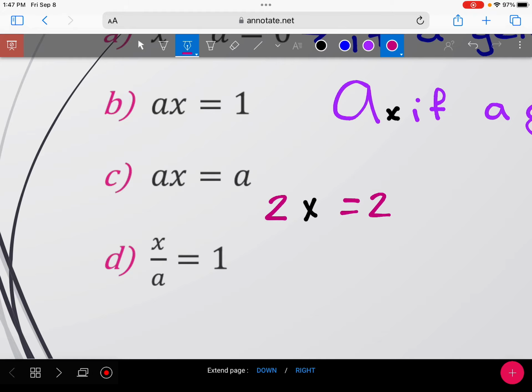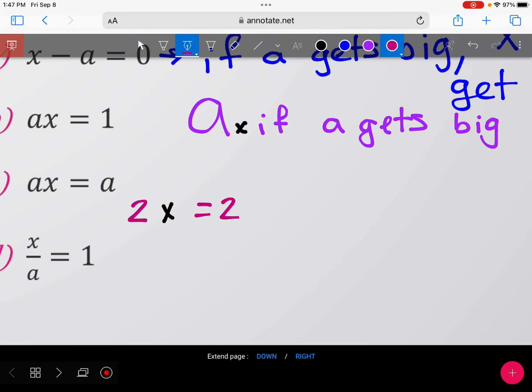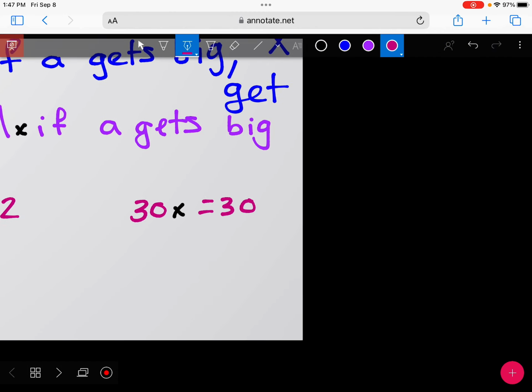What does x have to be? 1. All right, let's make a bigger. Something bigger than 2. 30. 30 times something equals 30. What does x have to be? 1. So does x change as a gets really big? No. X won't change here.